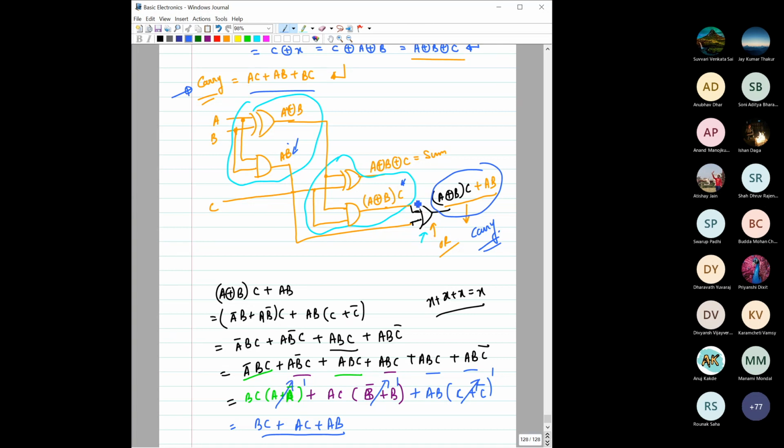Half adder here means the sum, the XOR gate. We have not used XOR gate here. Okay, XOR gate. Yeah, right. But I do not understand one thing. How can we change this part?